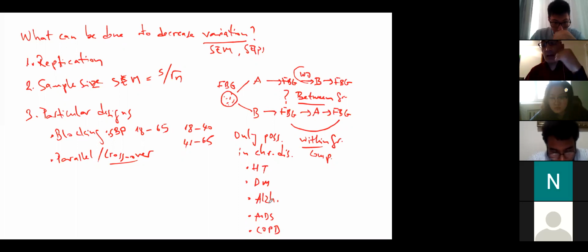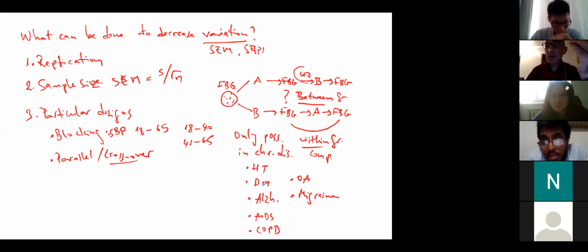Asthma, arthritis, very good, osteoarthritis, especially osteoarthritis. So these are diseases which are usually chronic, migraine, chronic migraine. But for example, infectious diseases, flu, viral or bacterial, doesn't matter, or fungal, you cannot apply this methodology.